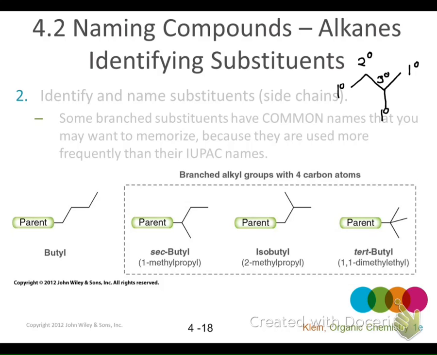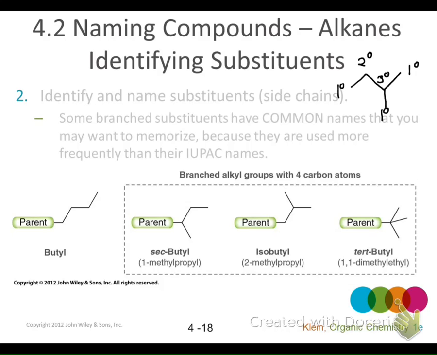Okay, now, so this is called a sec-butyl group. It's a butyl group, but it's not attached to the primary carbon. It's not attached to one of the carbons at the end. It's attached to which carbon? The first one. Right. This is a secondary, and this is a secondary.